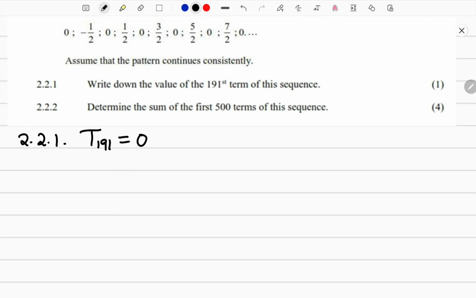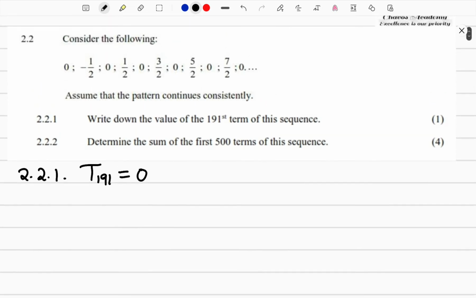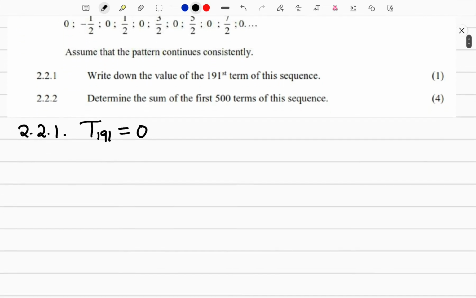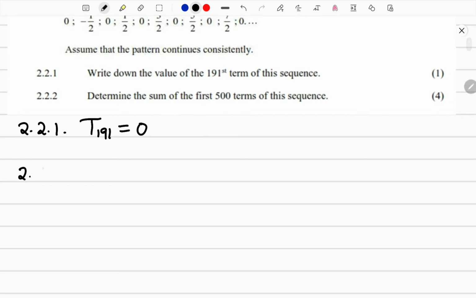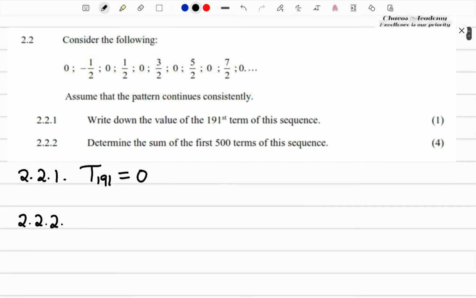But now, let's look at this. They say we need to determine the sum. That's number 2.2.2.2. We need to determine the sum of the first 500 terms. The sum of the first 500 terms. We understand that there will be 250 terms which are of the odd ones, and there will be 250 for the even ones.